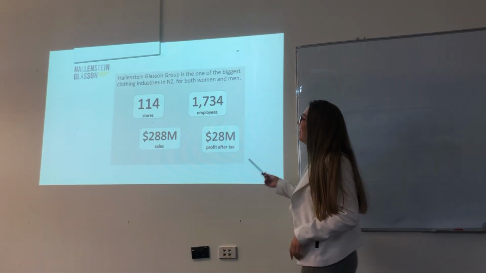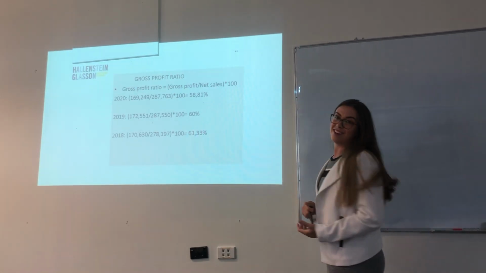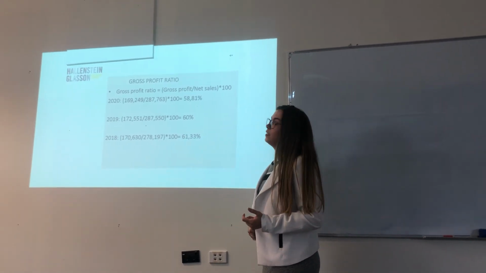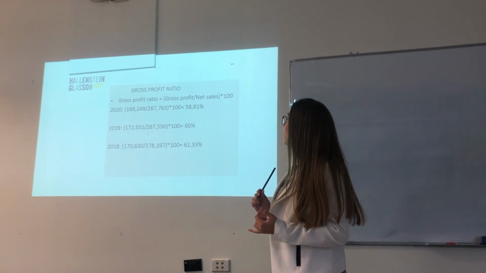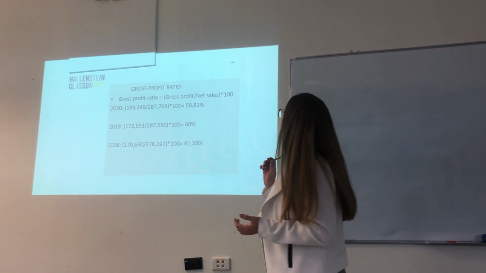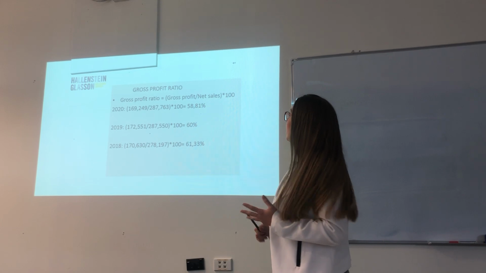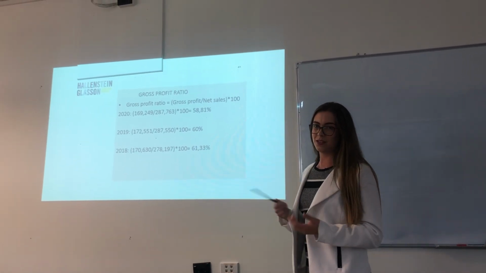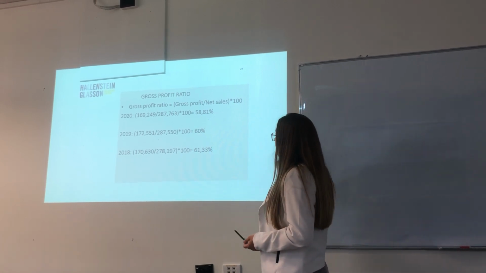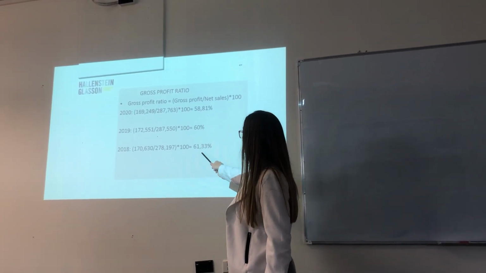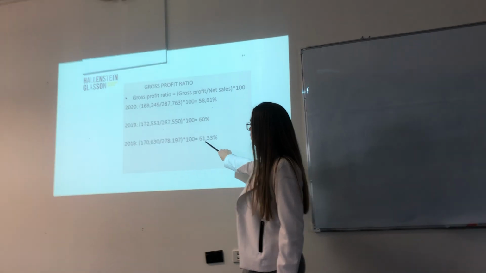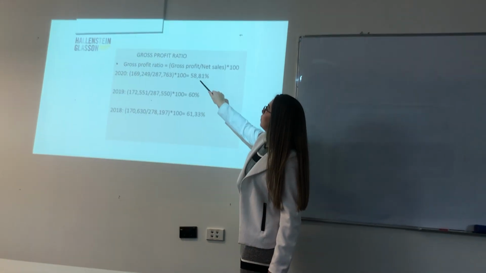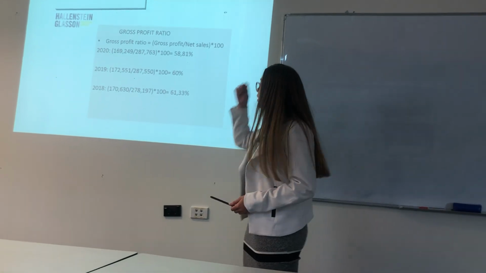Okay, now I'll talk about the profitability ratios. The first one is the gross profit. You calculate it as gross profit divided by net sales, multiplied by 100 because we need the percentage. As you can see here, in 2018 it was 61%, and in 2020 it dropped to 58.